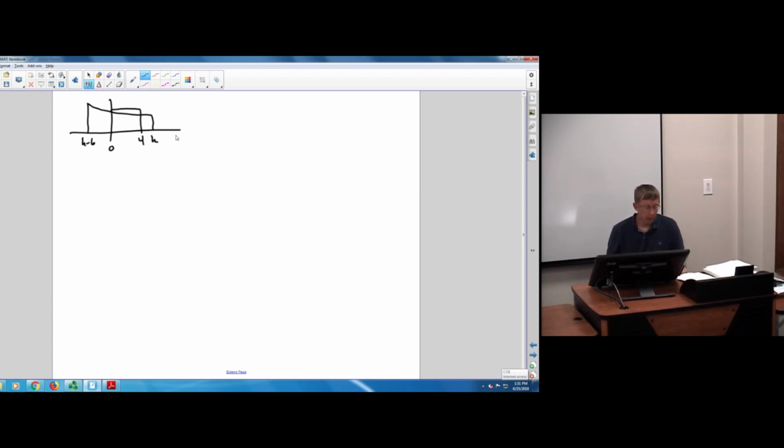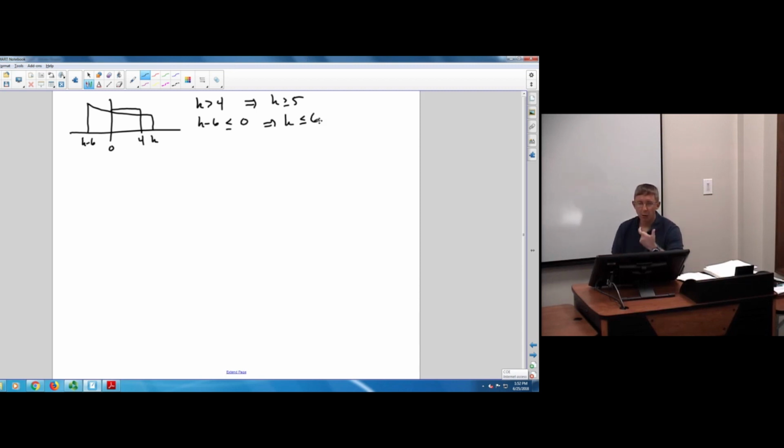This is for k greater than 4, and k minus 6 still less than or equal to 0. Well, k greater than 4 really means k greater than or equal to 5, because they're integers. If you're bigger than 4 and you can't be 4, you have to be 5 or 6, right? And then this one tells me k less than or equal to 6.